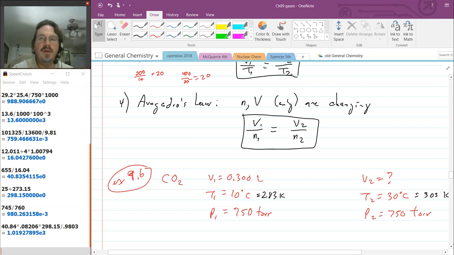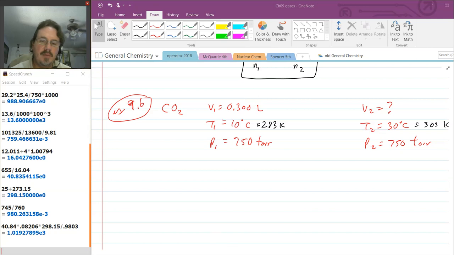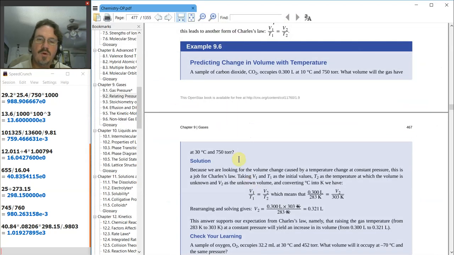I'm not heating the balloon up, and I'm not changing the pressure of it. It's still 1 atmosphere of pressure on the outside, which equals the pressure on the inside, and that's why it stops getting bigger or smaller, because the pressures are the same. So volume and N are proportional. That's called Avogadro's law.